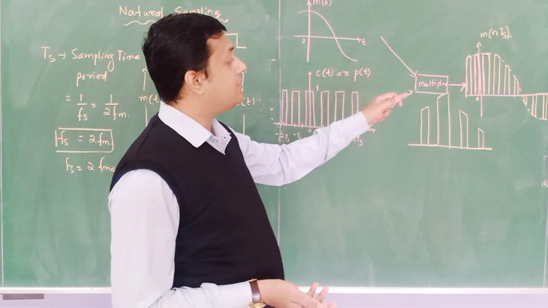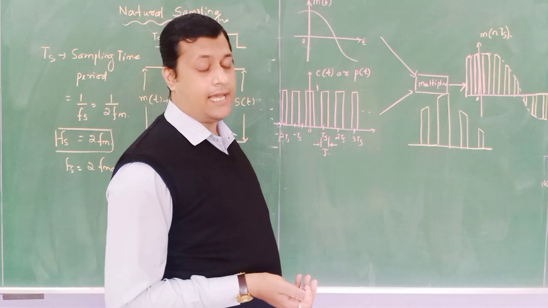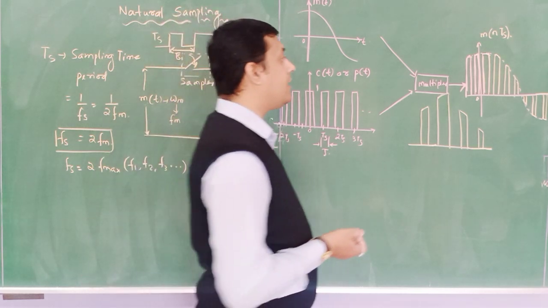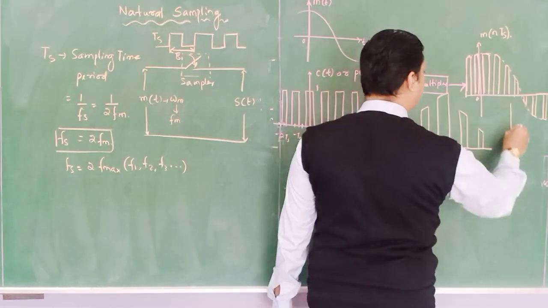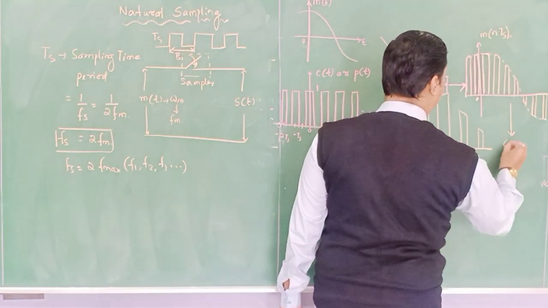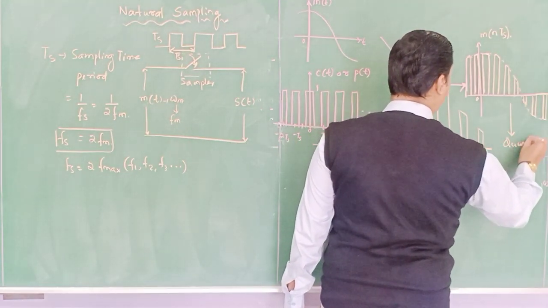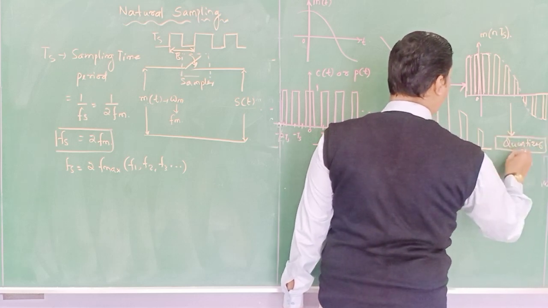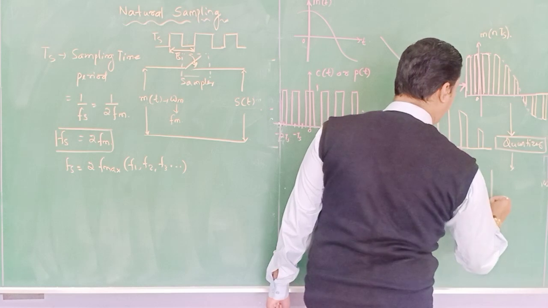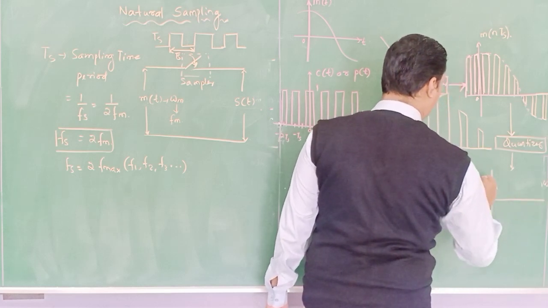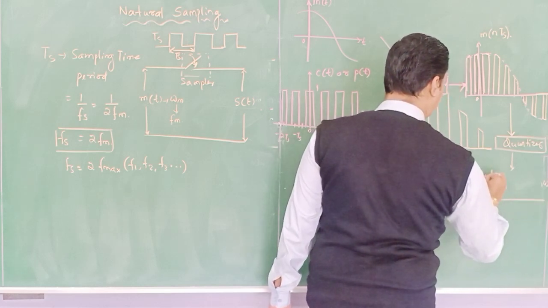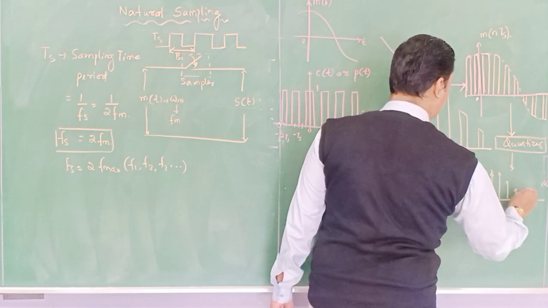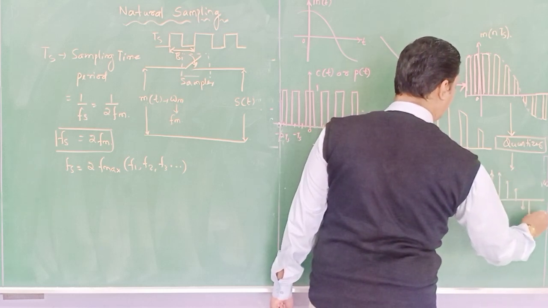So if this signal is provided to the quantizer, we can obtain the discrete values like this. So these are the discrete values.